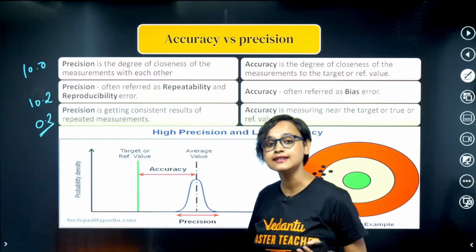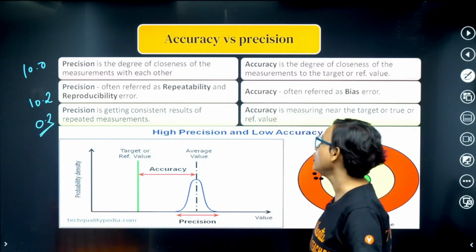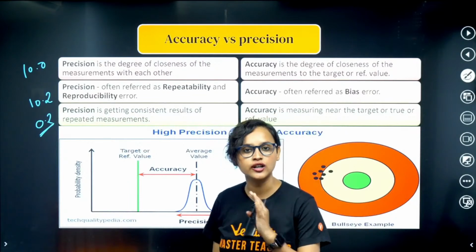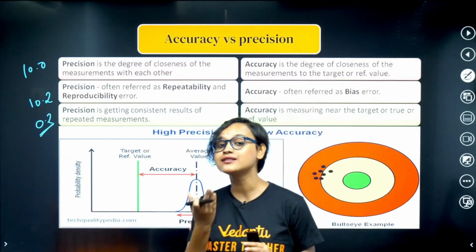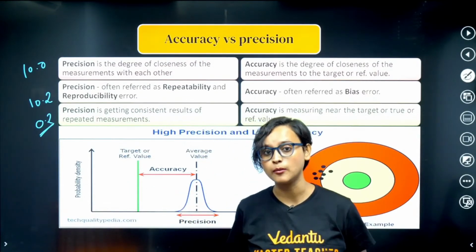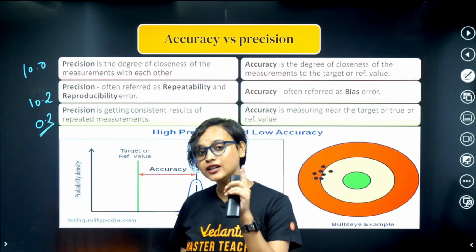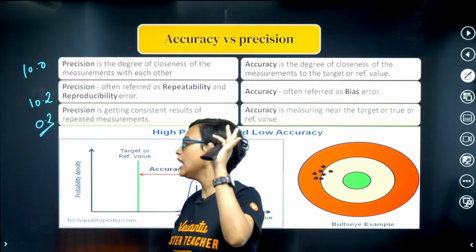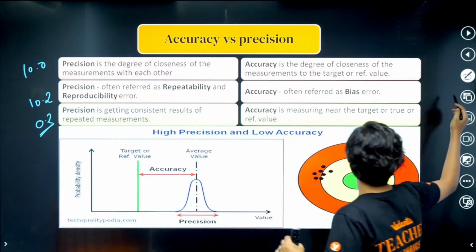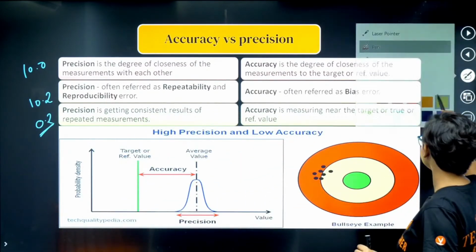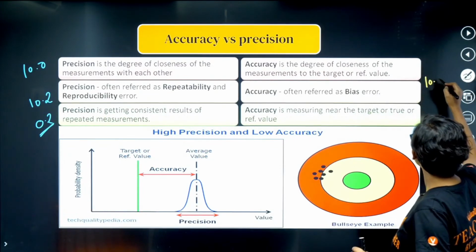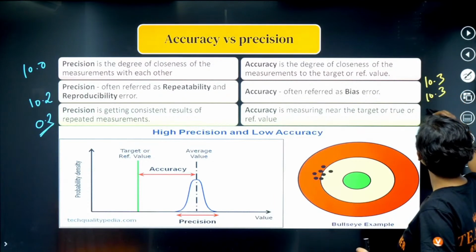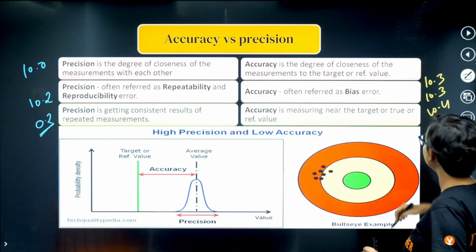Now, there is another student, let's say Sharmila. Sharmila has repeated the experiment quite a few times. She did the experiment thrice, and she gets the results around 10.3, 10.3, and let's say 10.4.